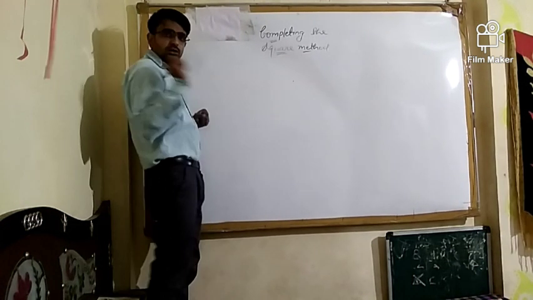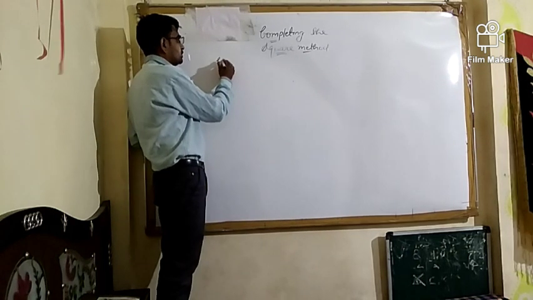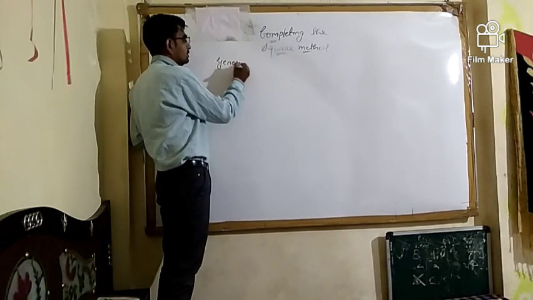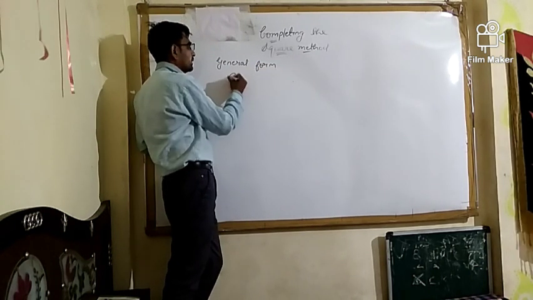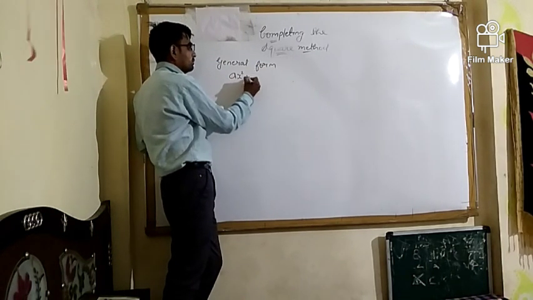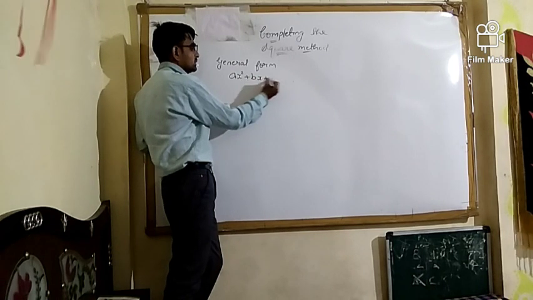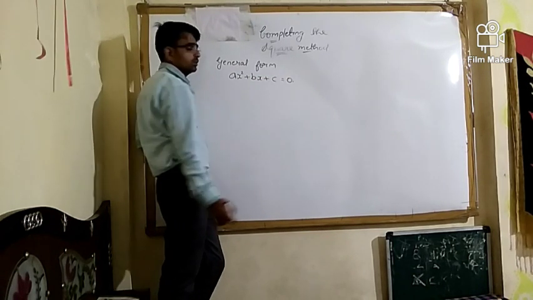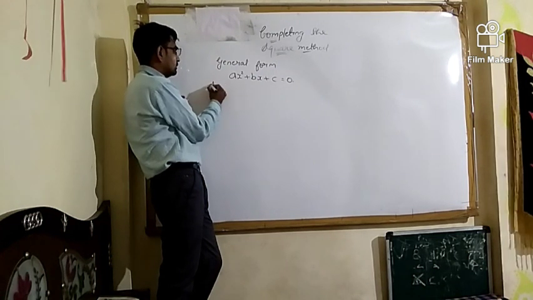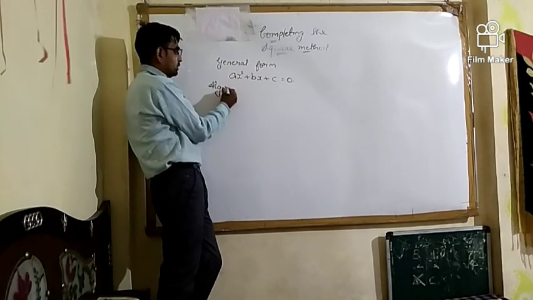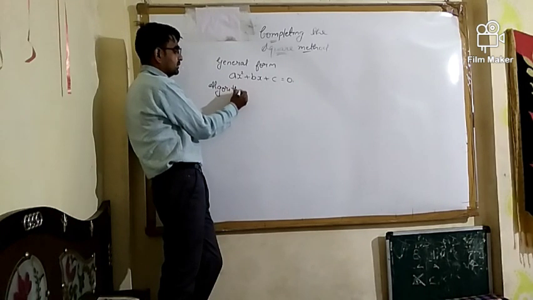First and foremost, we know the general form of a quadratic equation is ax square plus bx plus c equal to 0. In this completing the square method, what are the steps to solve it?